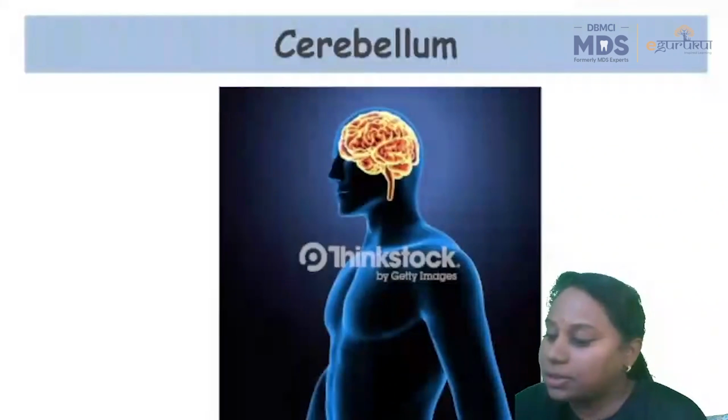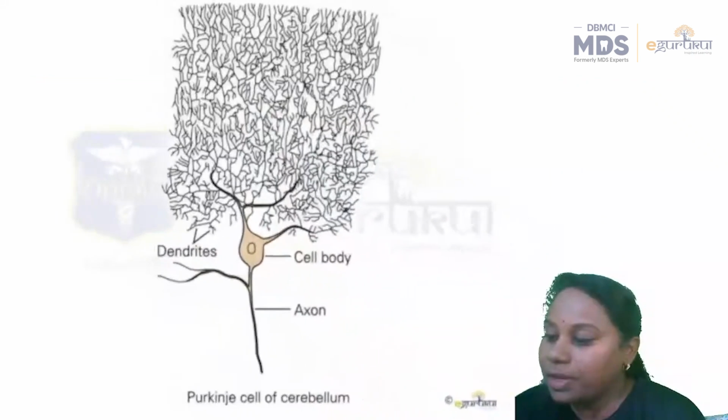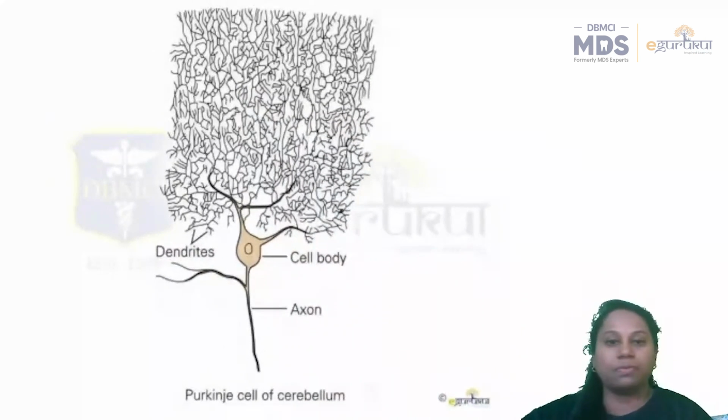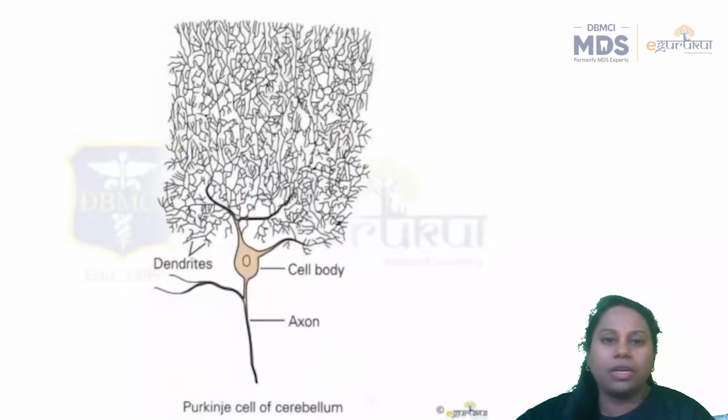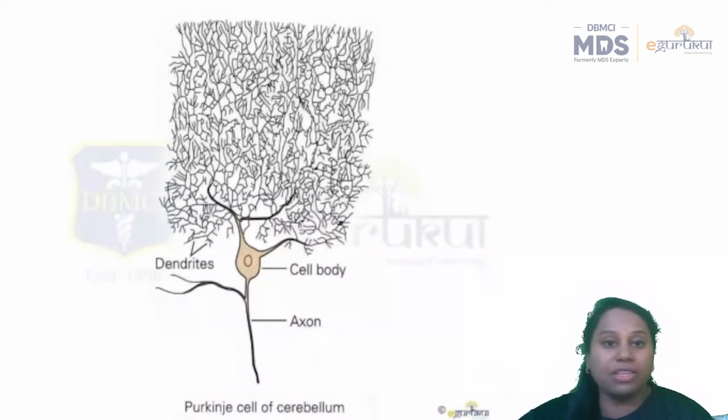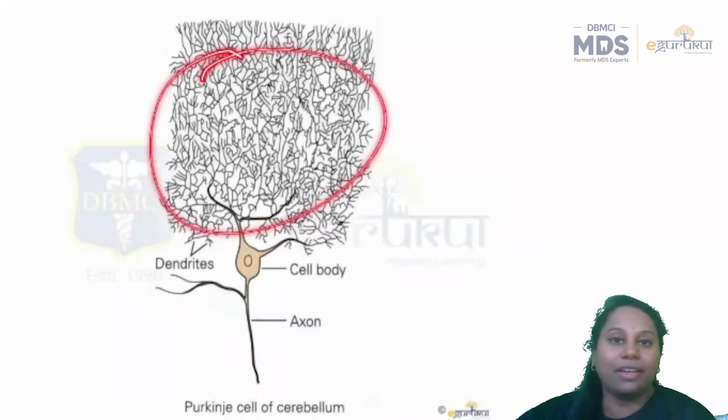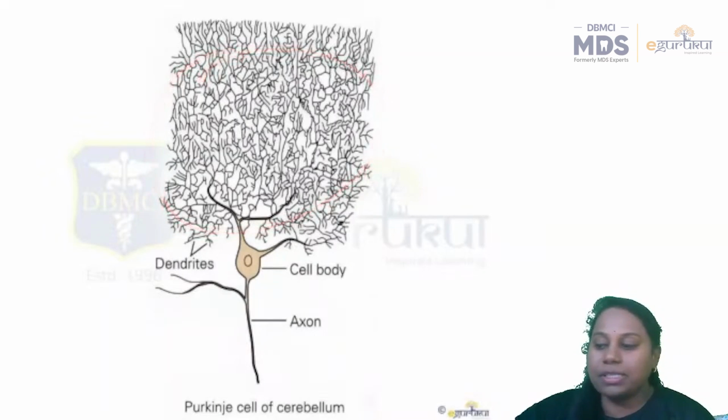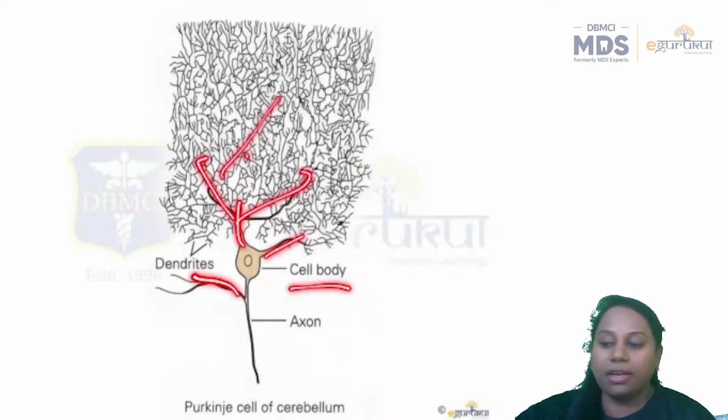Look at this picture. This is the image of a Purkinje cell. So how do you identify these Purkinje cells? They have a large dendritic network. This is the cell body from which you can see dendrites. The dendrites again and again divide into multiple dendritic processes like this.